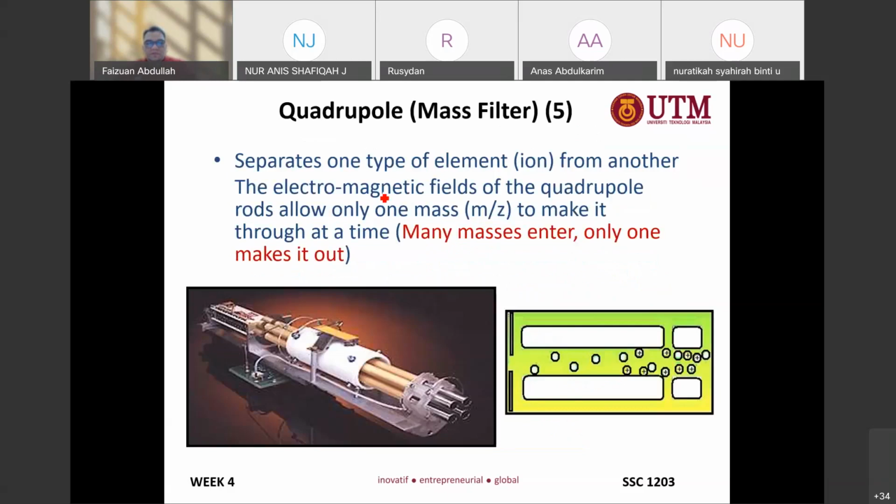It separates one type of element from another. The electromagnetic field of the quadrupole rods allows only one mass to make it through at a time. So many masses enter the quadrupole, but only one makes it out.